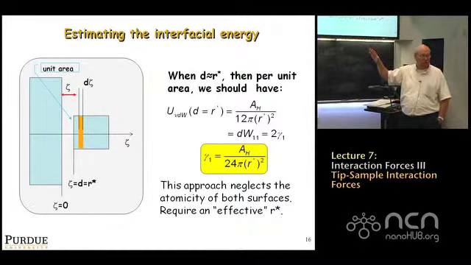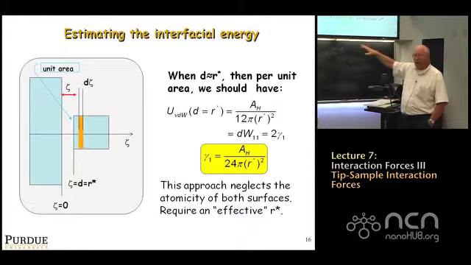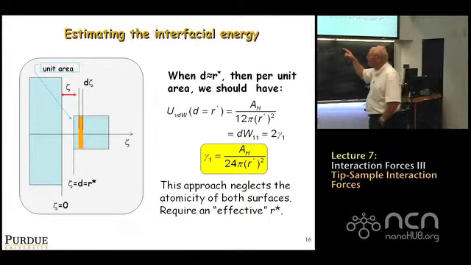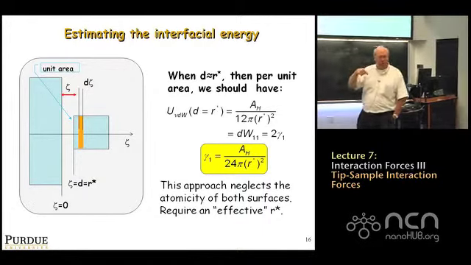You can find tables on web pages that show how well gamma agrees with Hamaker constants A sub h. This is an active area of research. People are trying to sort this stuff out in more detail.